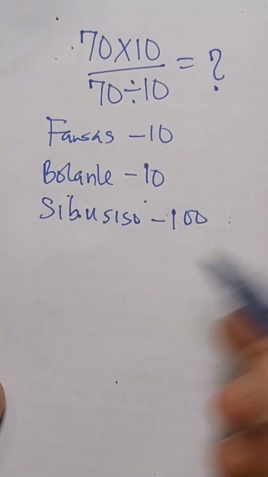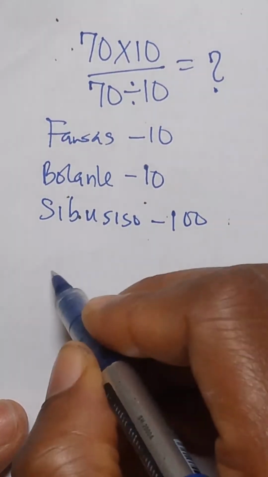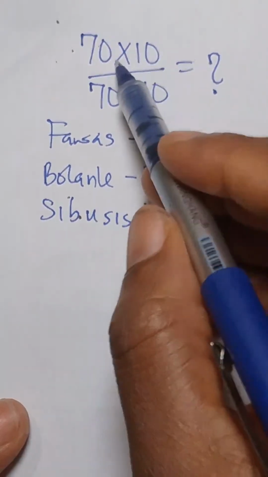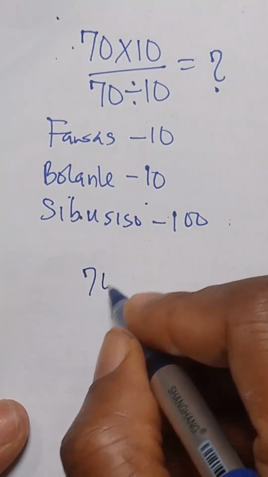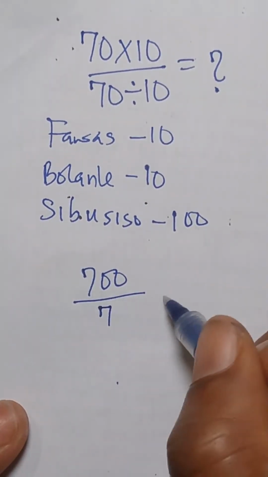All right, so let's solve it. Okay, so we'll be saving time because we are going to solve 20 questions. So we have 70 times 10 is 700. 70 divided by 10 is 7.